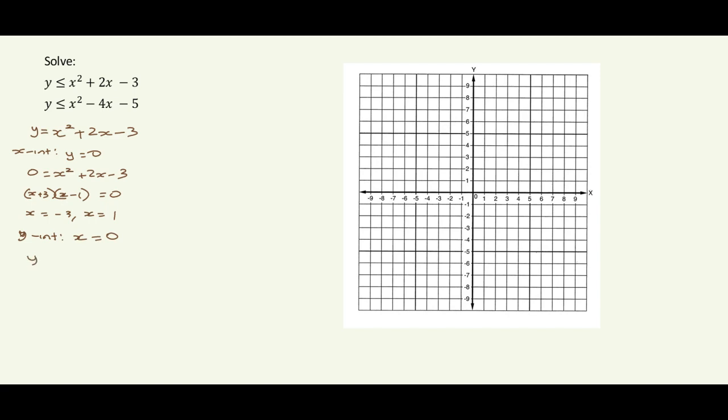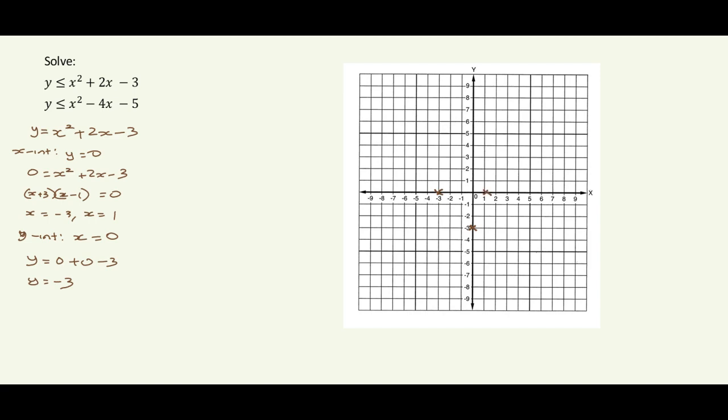So we have y equal to 0 plus 0 minus 3. So y equal to negative 3. So we have y equal to negative 3, and then we have x equal to negative 3 and x equal to positive 1.